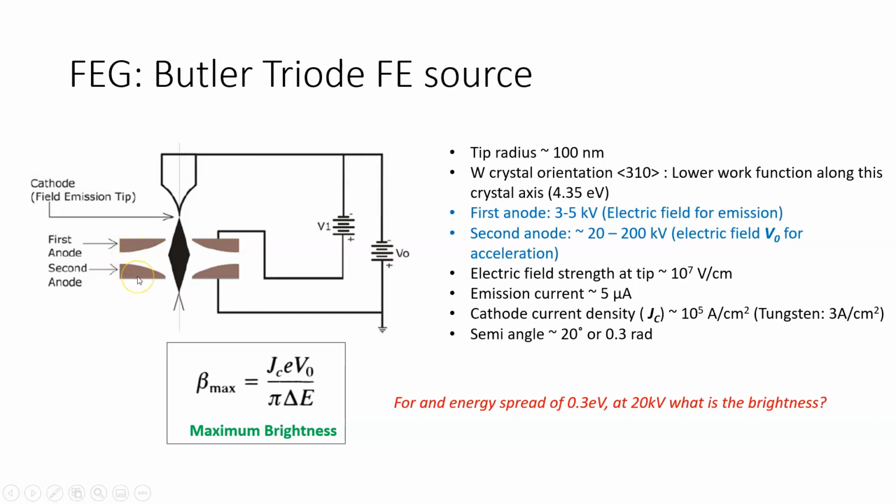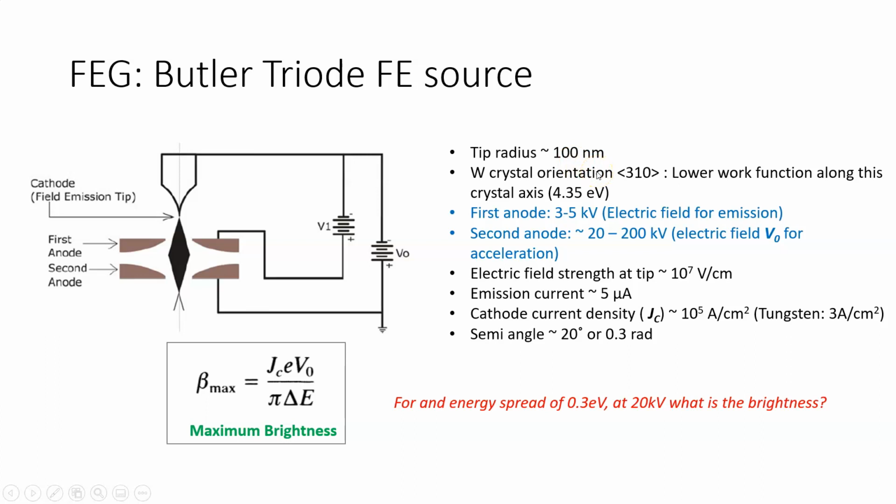And the second anode is the conventional anode that we also saw in case of the thermionic gun assembly. This second anode is there to generate the acceleration so that the electron is able to move at a given kilo electron volts depending on what potential or voltage you apply to the second anode. Okay, so typically these field emission sources are single crystals that are etched into very, very small tip diameters or radii of about 100 nanometer.